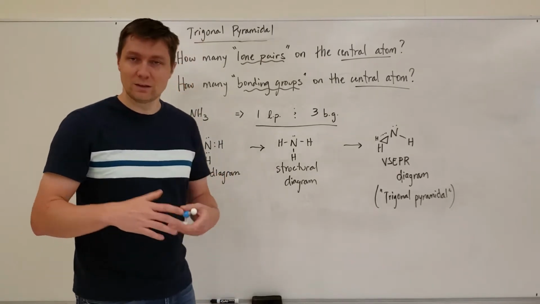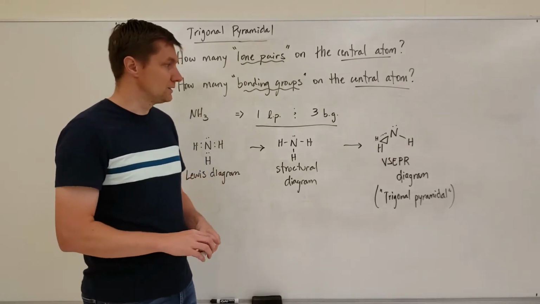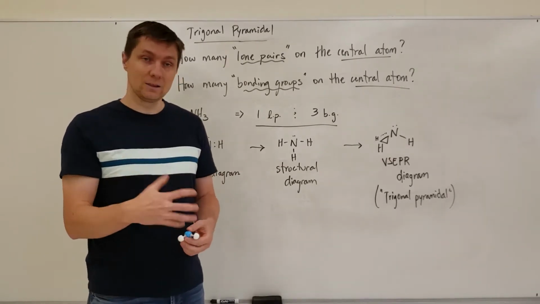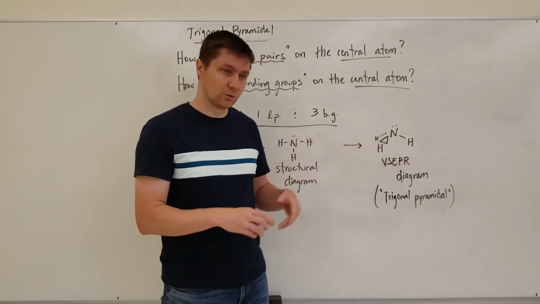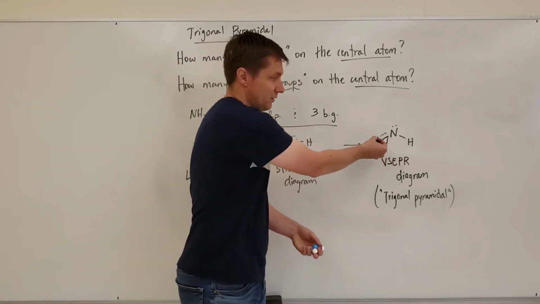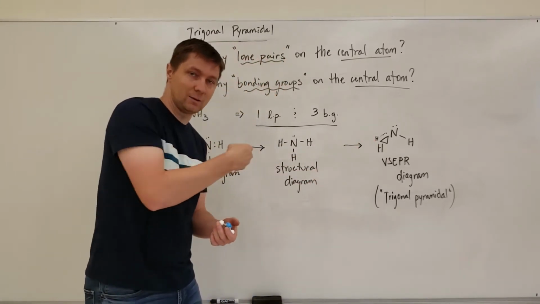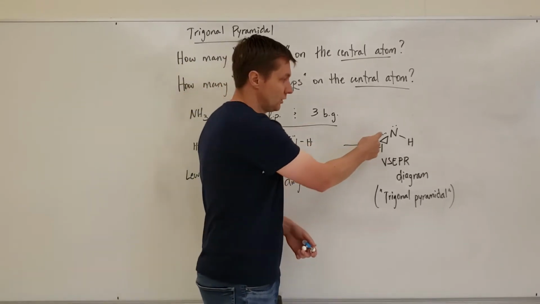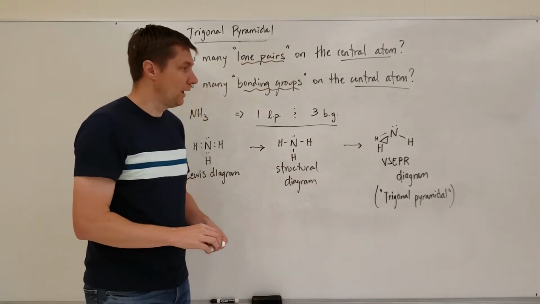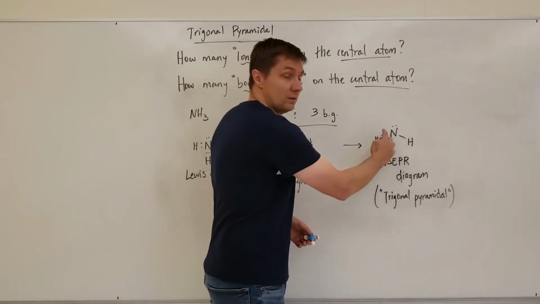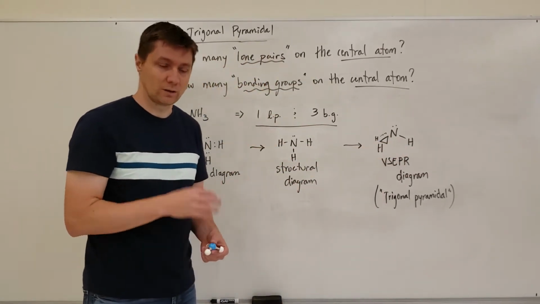And so the way that the chemistry community has decided this is going to be drawn is that any atoms that are coming out of the page get drawn with this little wedge here, sort of depicting that this hydrogen is coming out of the page a little bit. And any atoms that are going behind the page or into the page are drawn with these little dashes that represent that. And then again, any atoms that are within the plane of the page, so right on the plane of the page, then we just draw the stick like normal, like we've been doing.